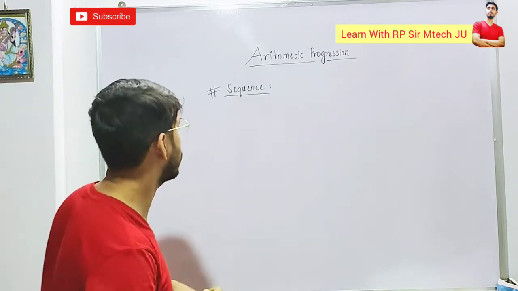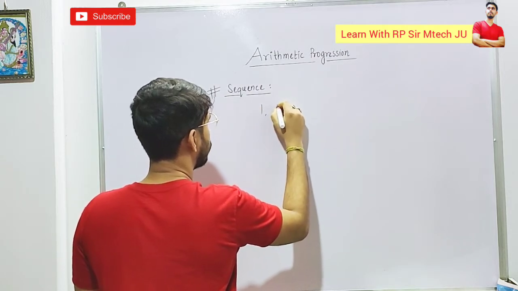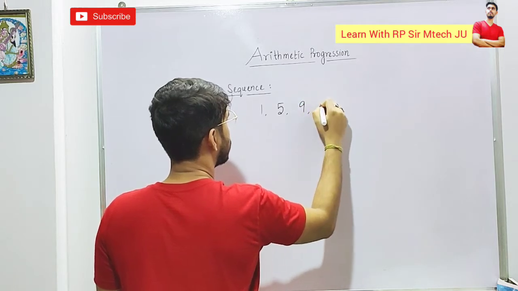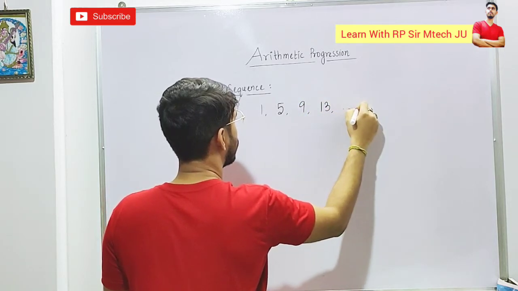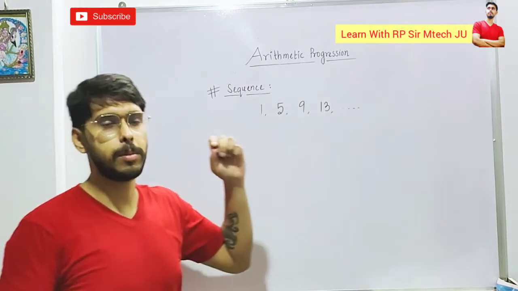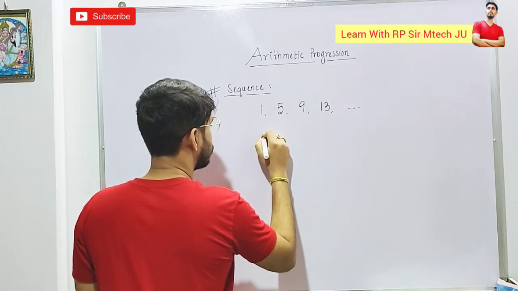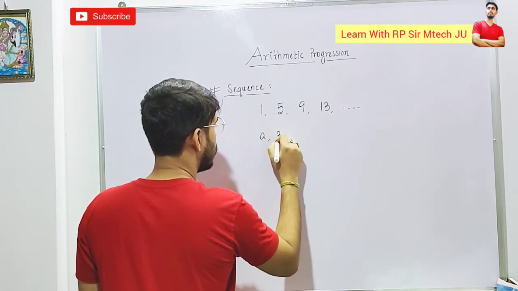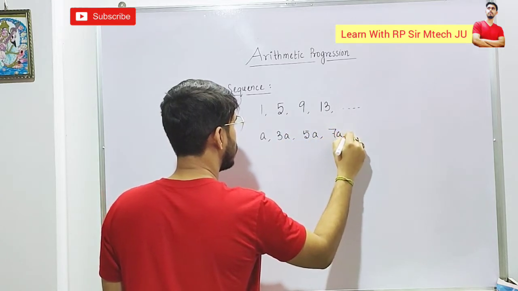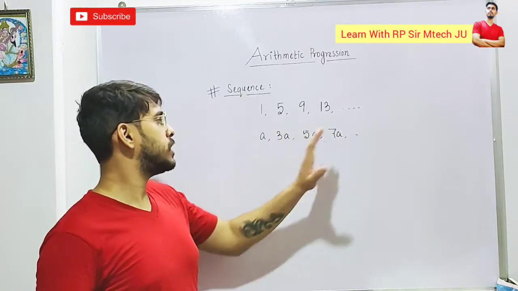For example, if I say 1, 5, 9, 13, and so on, this is a kind of sequence, a systematic manner of representation. Then let's say a, 3a, 5a, 7a, etc. This is another sequence. So these are sequences.